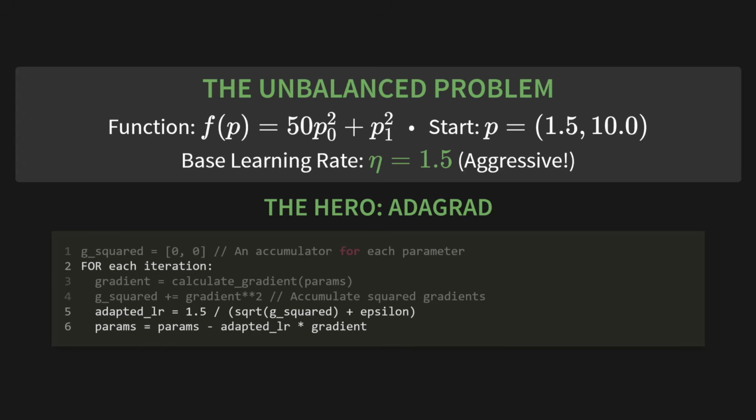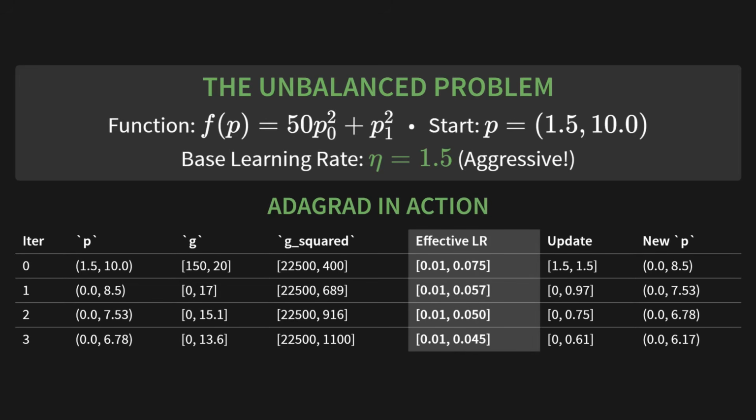Okay, Adagrad in action. Look at this table. Let's focus on iteration 0. Our p is 1.5 and 10. The gradient is 150 and 20. So, g squared becomes 150 squared, which is 22,500, and 20 squared, which is 400. Now for the magic. The effective learning rate is different for each parameter.